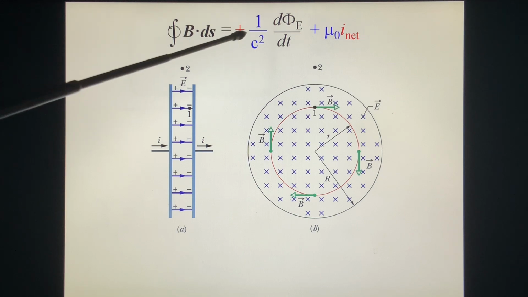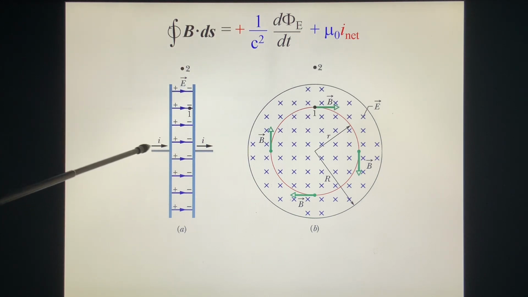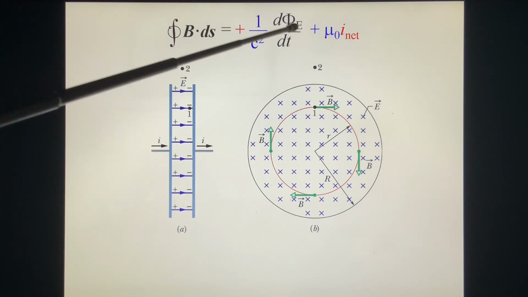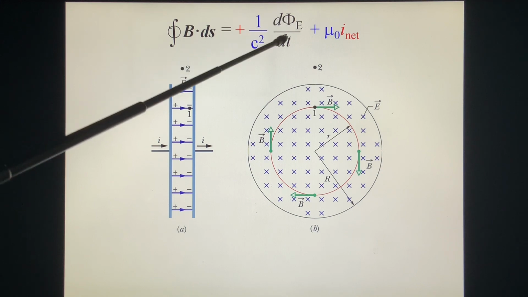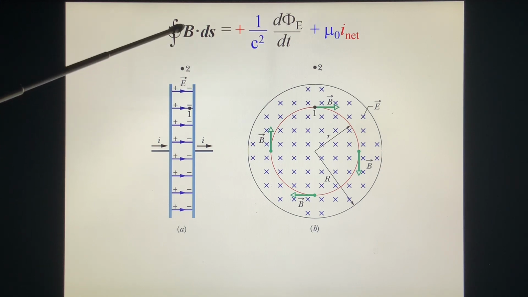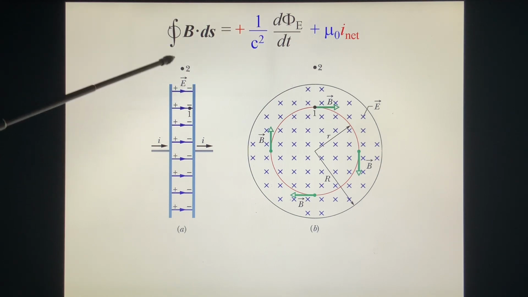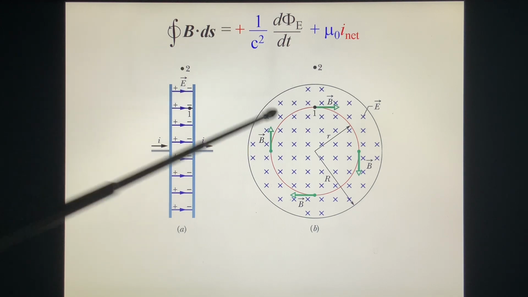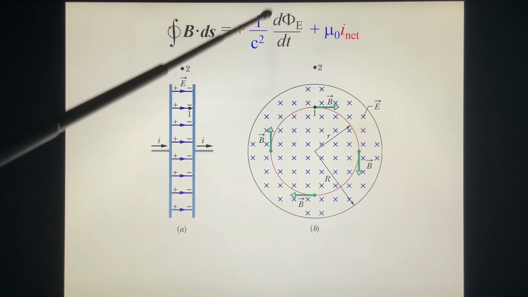Based on this Ampere-Maxwell equation, when I changes, you have flux E changes. Because of the electric field change, a magnetic field is induced. Let's see point 1 inside this plate. We make a circle. We use this formula.